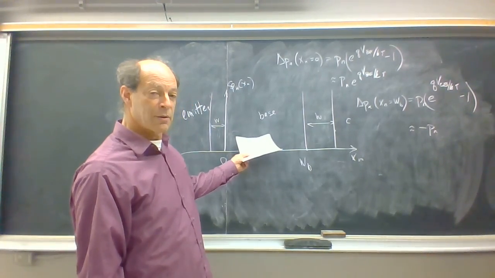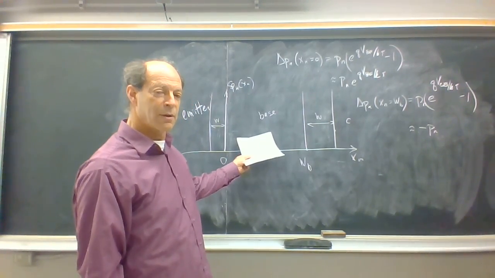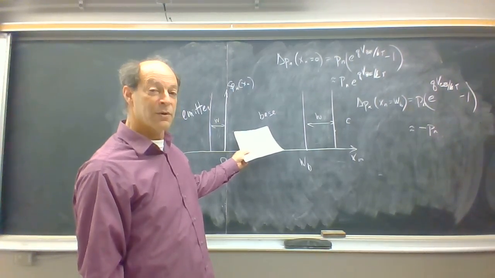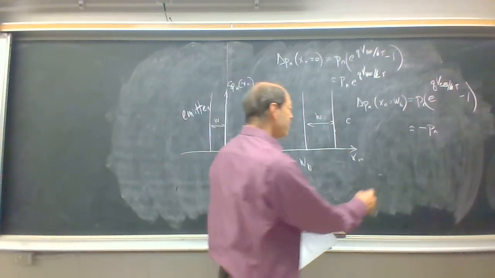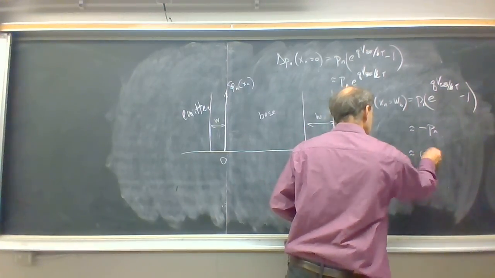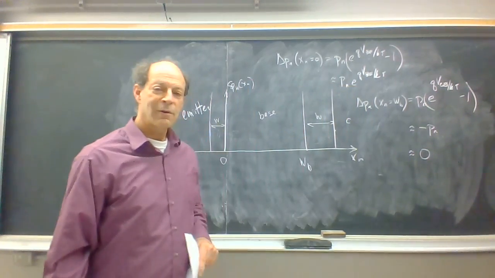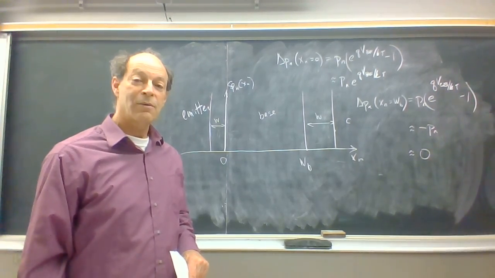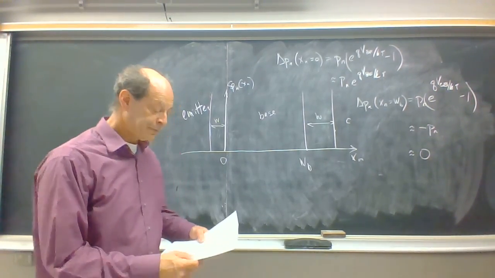Base is n-type material, P sub n is the minority hole concentration in the base. Well, we're going to further approximate that to 0 because it's so insignificant, and it just means the equations that we continue with will be easier to write down.